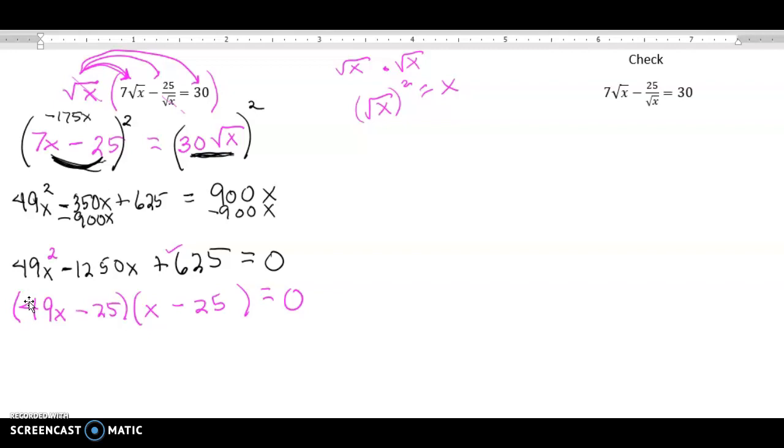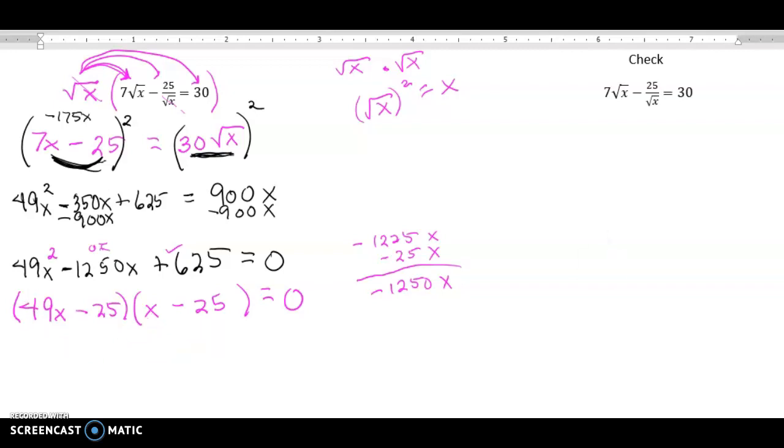Now the trick is, do my outside inside add up to negative 1250x? Outside inside. So 49 times negative 25 is negative 1225x, and negative 25 times x is negative 25x, and that does give me negative 1250x. So that is the correct combination for factoring.